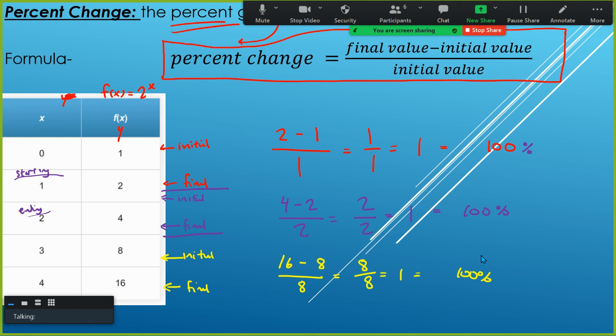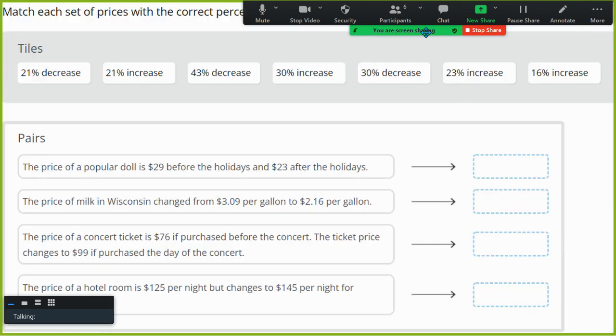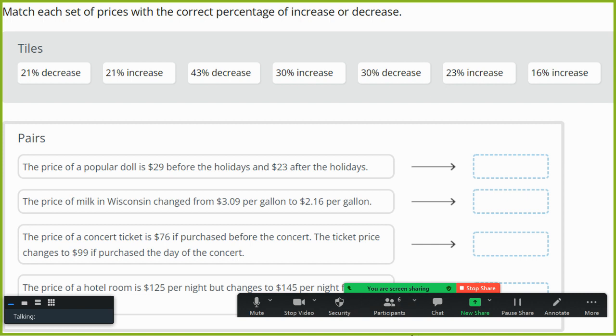Okay, it'll be modeling a different function this time too. So here's something I took from Edmentum. It says at the top, match each set of prices with the correct percentage of increase or decrease.